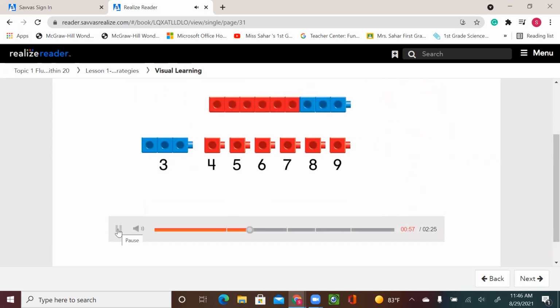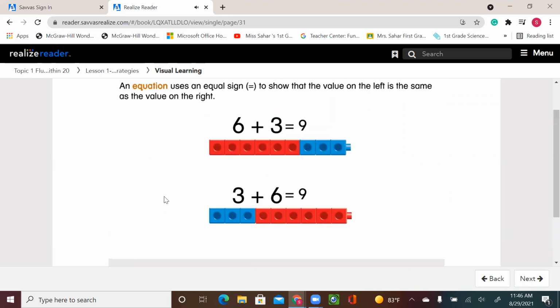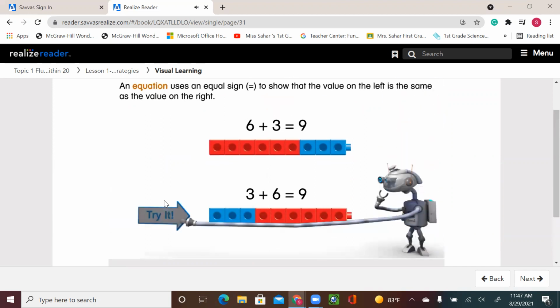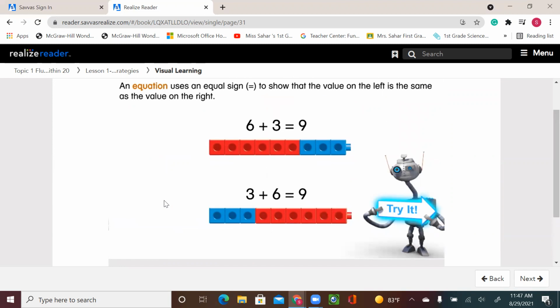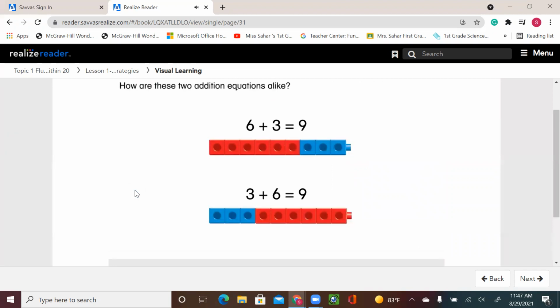How is 6 plus 3 the same as 3 plus 6? When you add 6 plus 3, the value is 9. When you add 3 plus 6, the value is 9. An equation uses an equal sign to show that the value on the left is the same as the value on the right. How are these two addition equations alike?